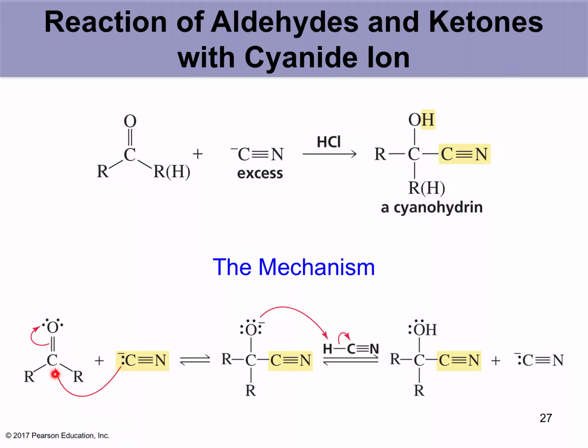Cyanide ion attacks the carbonyl carbon, the pi bond opens up, and then it generates the alkoxide anion, which grabs a proton and completes the process. We call this molecule a cyanohydrin. This is the cyano part, and then the water part, and so it's called cyanohydrin. And this cyanohydrin can undergo many different reactions with different reagents.